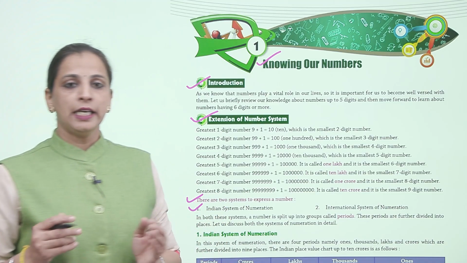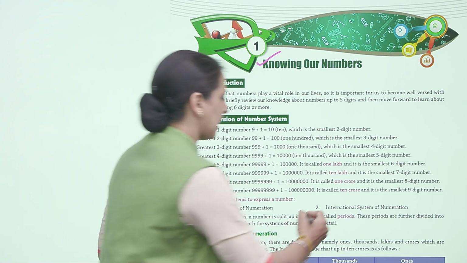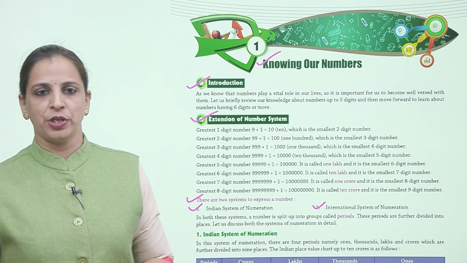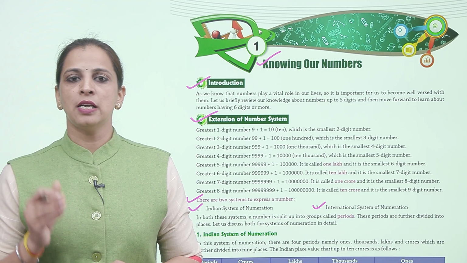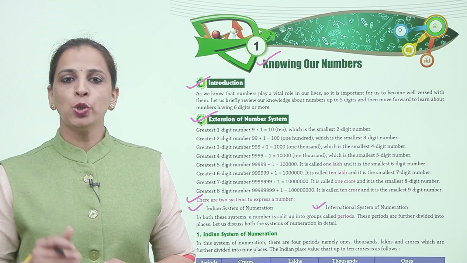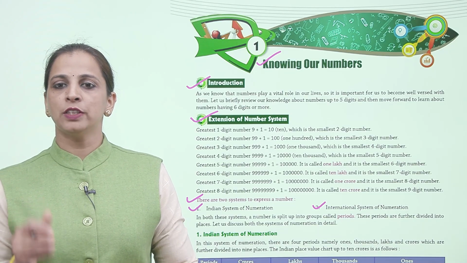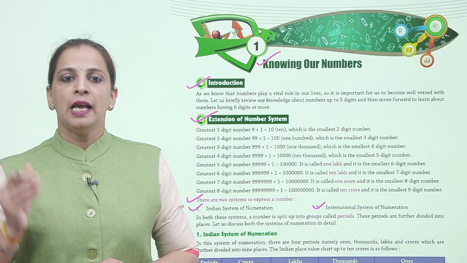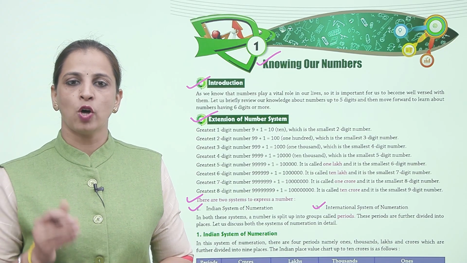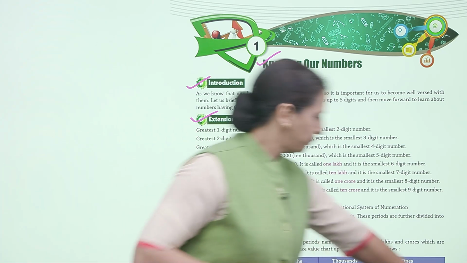First is the Indian system of numeration, second is the international system of numeration. In both these systems, a number is split into groups called periods. These periods are further divided into places. Let us discuss both the systems of numeration in detail.